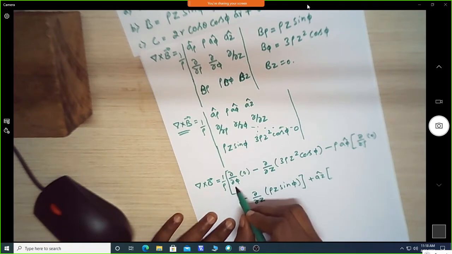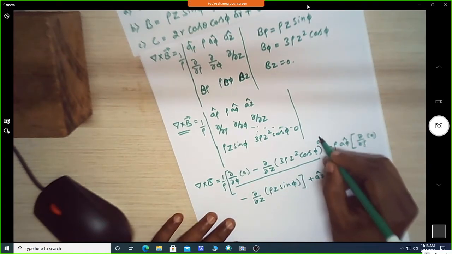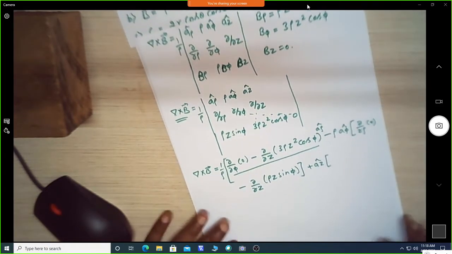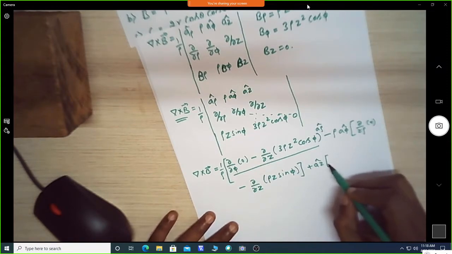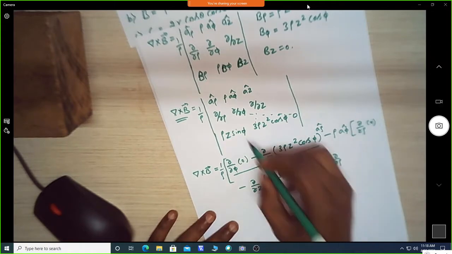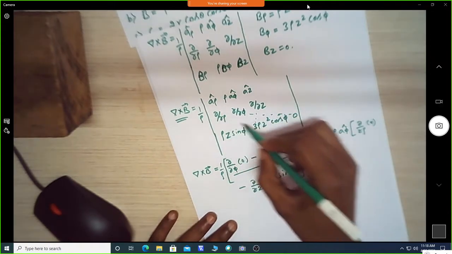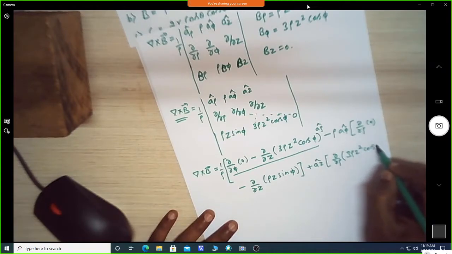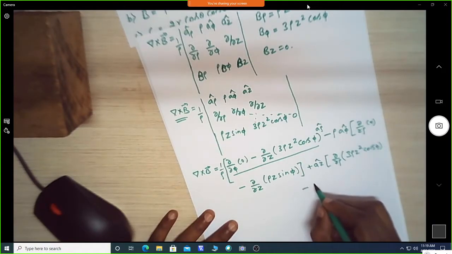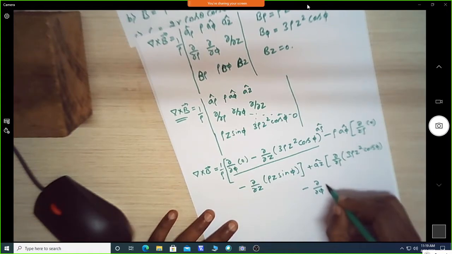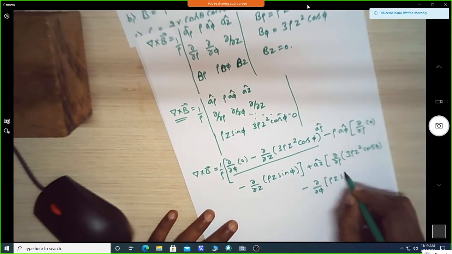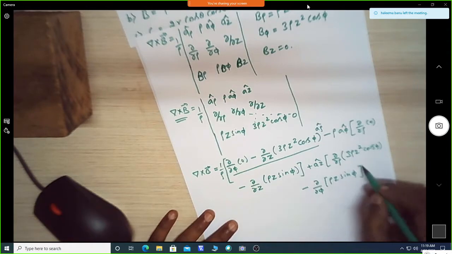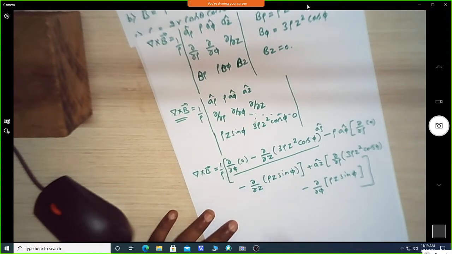So this whole thing is in the rho direction. Now in the z component, you will get del by del rho of 3 rho z square cos phi minus del by del phi of rho z sin phi. This whole bracket is there, because 1 by rho is outside.